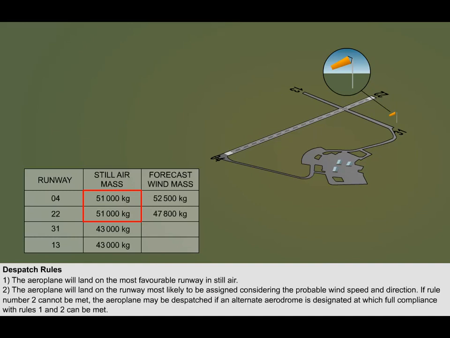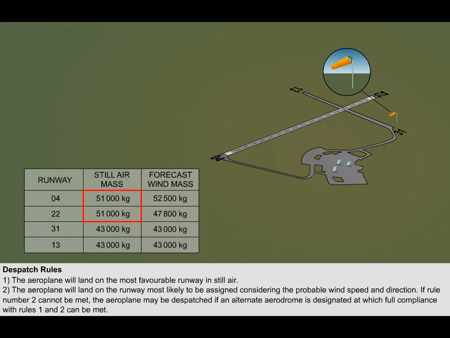However, runway 22 has a tailwind, which will decrease the maximum landing mass to 47,800 kilograms. Runway 31 and runway 13 both have a full crosswind. Therefore, the maximum landing mass for these two runways will be the same as for still air.